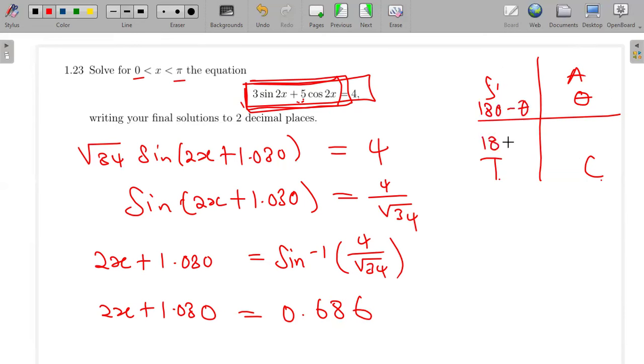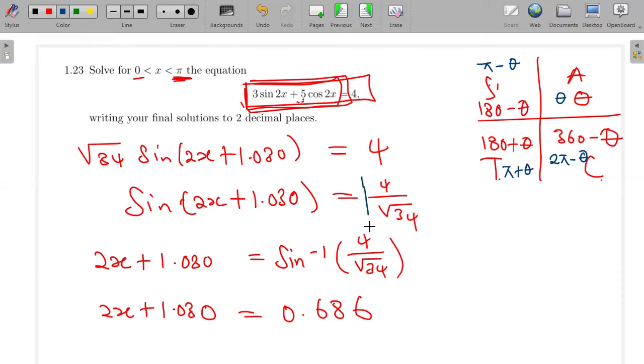Here we're going to be doing 180 plus theta. Here we're going to be doing 360 minus theta. But now here we're dealing with radians, so we change everything to radians. Here you just get the same theta. Here, 180 is the same as pi minus theta. Here it will be pi plus theta. Here it will be 2 pi minus theta. That's how we're going to get the answers.